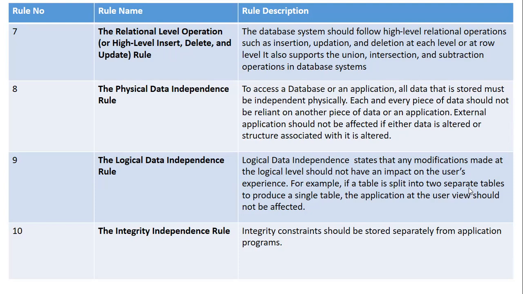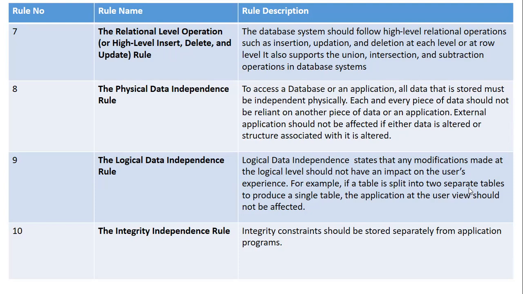The next rule is the physical data independence rule. Now, what this means is that whenever we have different kinds of data being stored and accessed by different applications, the data that is stored should be independent of the other data pieces that we are storing in the database, right? That is what physical data independence means.